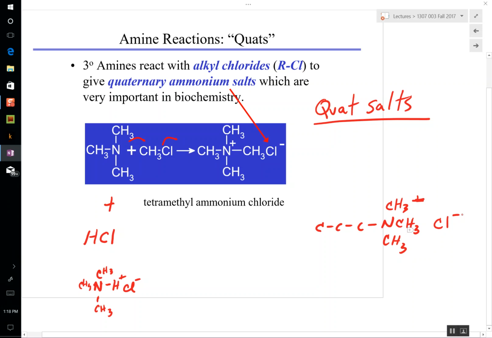So that would be trimethyl propyl ammonium chloride. There's tetramethyl ammonium chloride. Got 3 methyls around it.